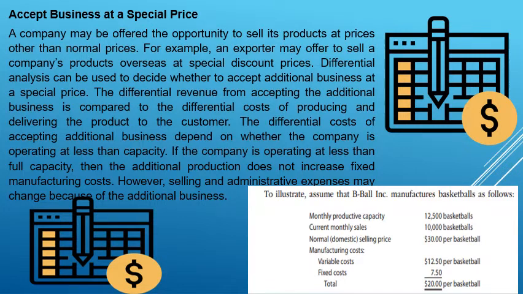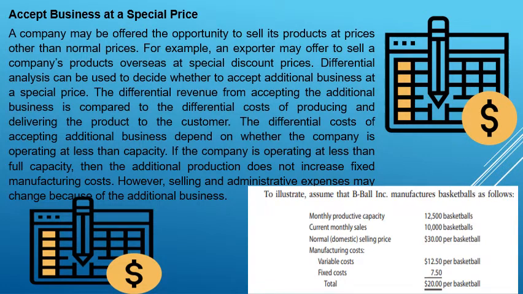So differential analysis can be used to decide whether to accept additional business at a special price. The differential revenue from accepting the additional business is compared to the differential cost of producing and delivering the product to the customer. So the differential costs of accepting additional business depend on whether the company is operating at less than capacity.